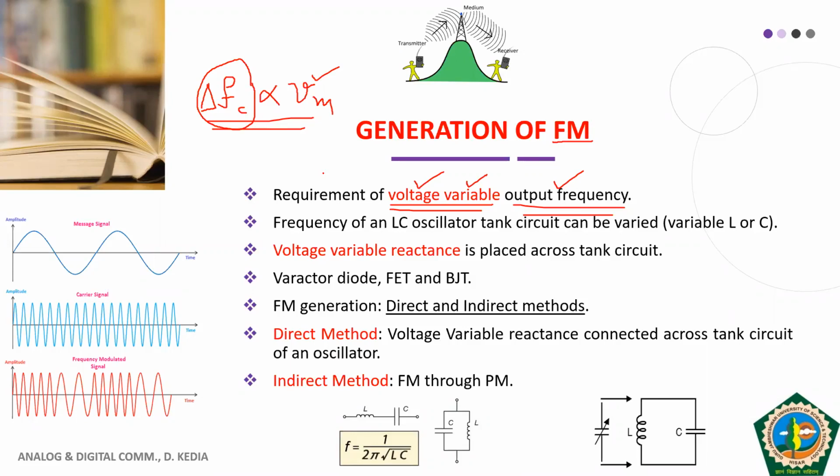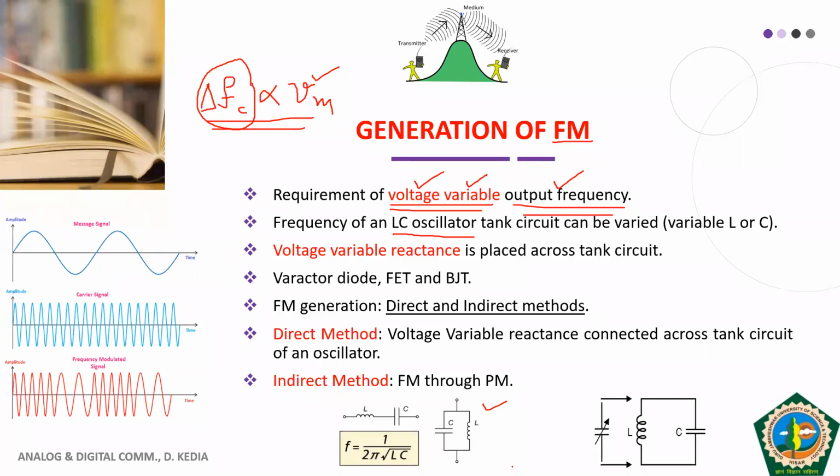So students, we all have studied the LC oscillator in our previous classes. We know what an LC oscillator is. I have shown you in the figure also that we have an inductor and capacitor either in series or in parallel, and it is used for generating a sinusoidal signal. Or you may have studied the LC filter, which allows certain frequencies to pass through or blocks a certain set of frequencies.